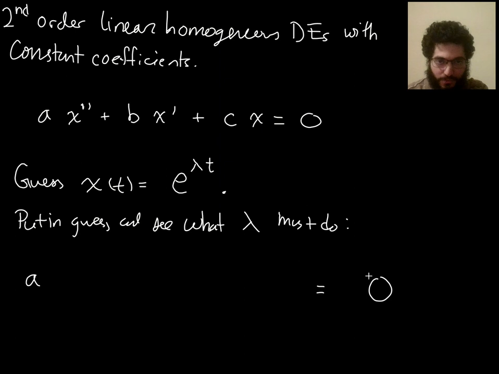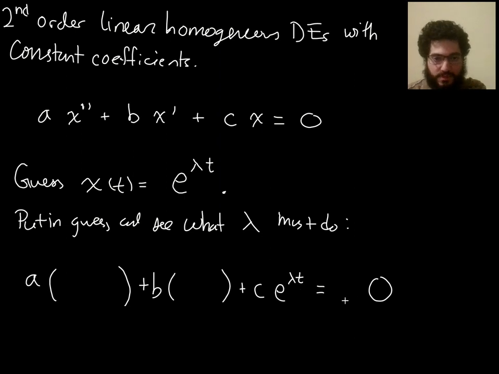This is what must hold in order for this guess to be a solution. I need a times the second time derivative of this, so I'll write that here, plus b times the first time derivative of this, x prime, so I'll write that here, plus c times this, so I'll write that here, equals 0. So this is what I need.